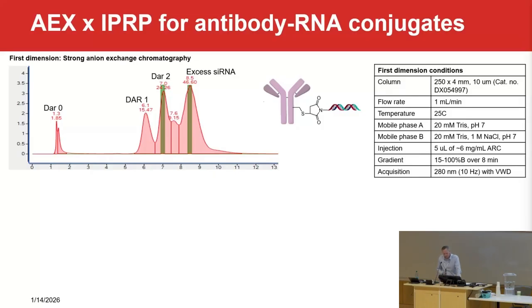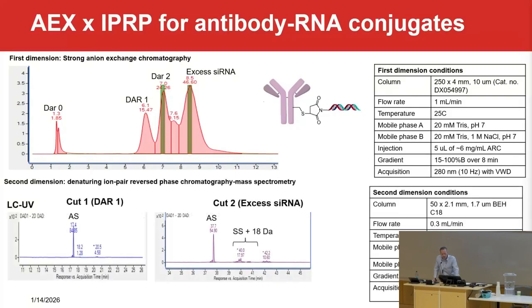And so a similar chromatogram is shown here for the drug-antibody ratio using AEX. But again, the high salt concentration makes this very not mass spec friendly, and we're not really able to get good analytical data on our RNA or our oligonucleotide.